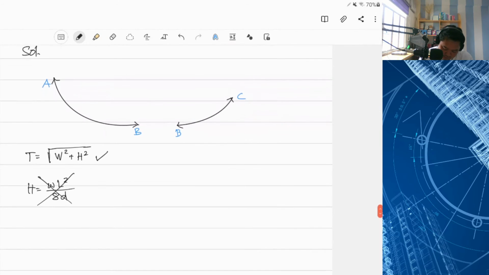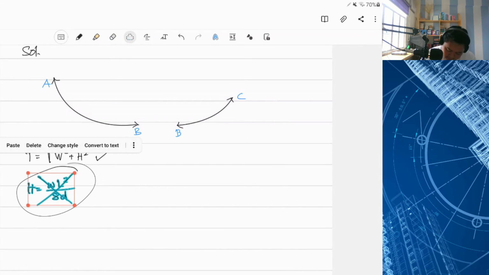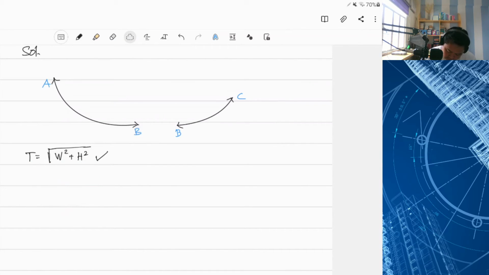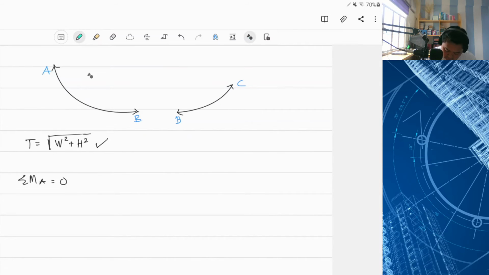So in solving this, we have to go back to our principle. How to solve this? Let's not use this formula. I will erase this one. Okay, so summation of moments about A equals 0. So what are the forces involved?